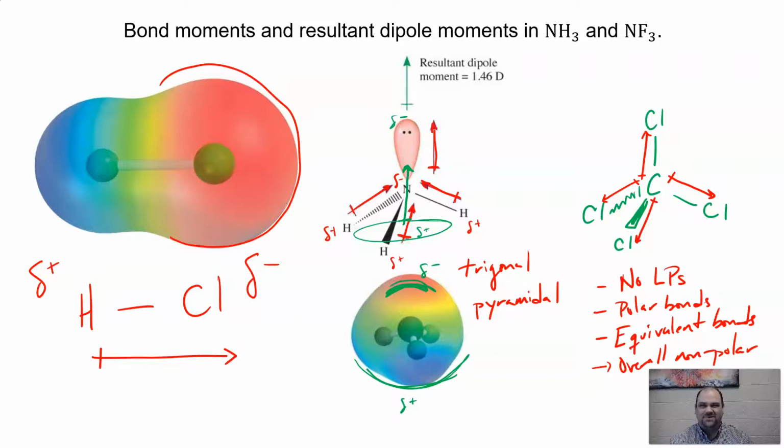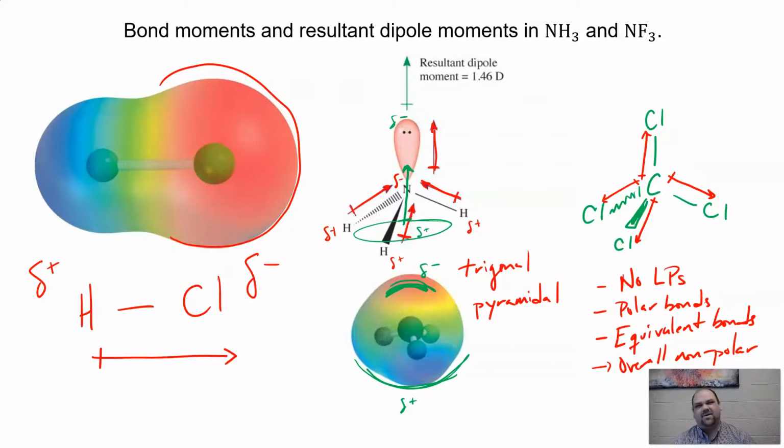Based on that geometry, all of the vectors that go along those bonds also will cancel each other out. Okay? And so anytime you have a molecule where all the bonds are equivalent, so they're all C-Cl, they're all B-F, or they're all whatever, then as long as they have no lone pairs, it's going to be a non-polar molecule. Okay?